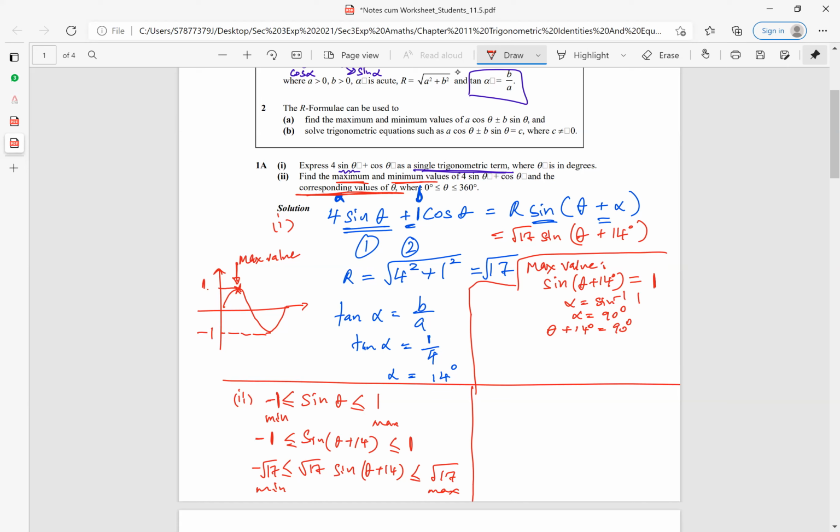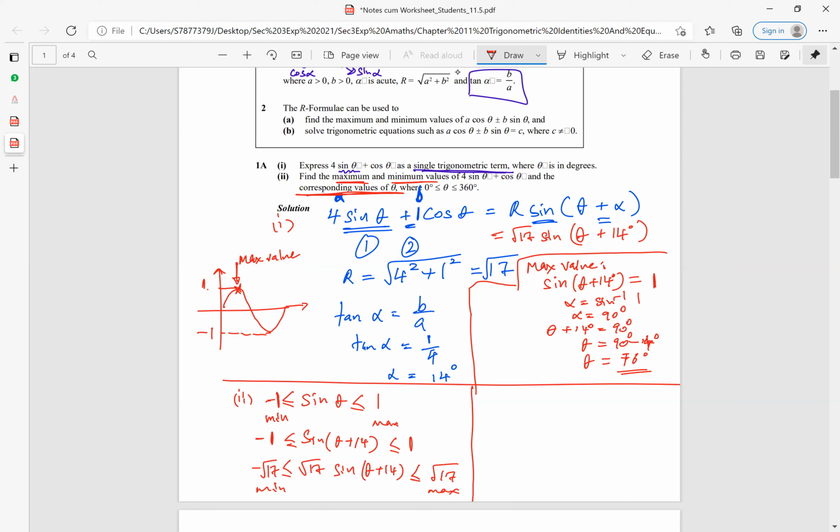So what is theta equal to? Theta is equal to 90 minus 14. Someone work out the value for me. 76, is it? Okay, check the value for me, whether it's 76 degrees.